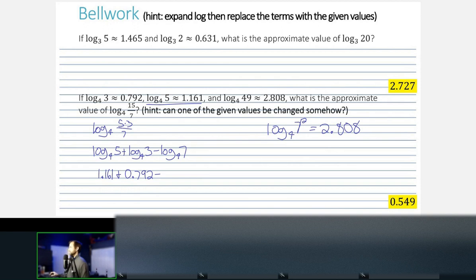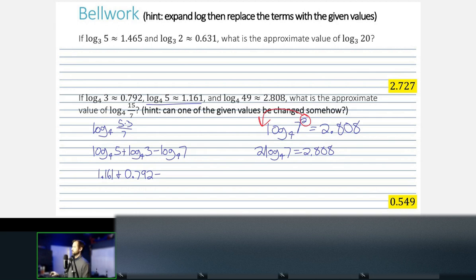Yeah, exactly. We're going to move the 2 in front and then divide by 2. Using our exponent properties, this exponent gets moved to the front. We get 2 log base 4 of 7 equals 2.808.